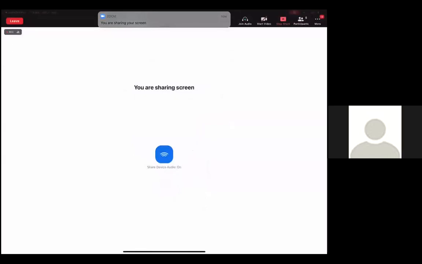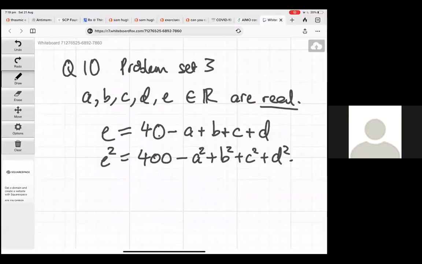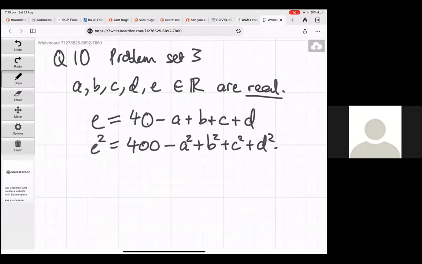Okay, back to the question. So, yeah, so we've got 5 real values, A, B, C, D, and E. And what we know about them is that these 2 equalities hold. So E is 40 minus the sum of the numbers, and E squared is 400 minus the sum of the squared numbers.